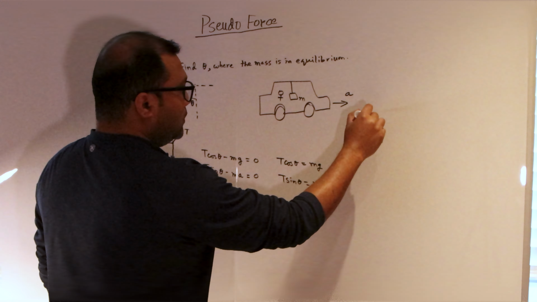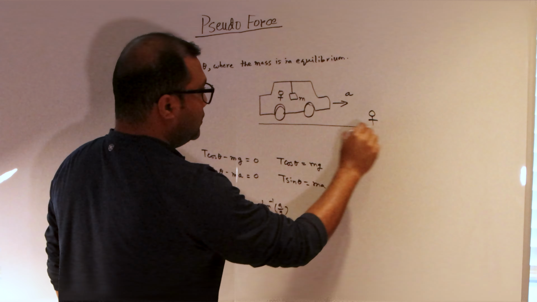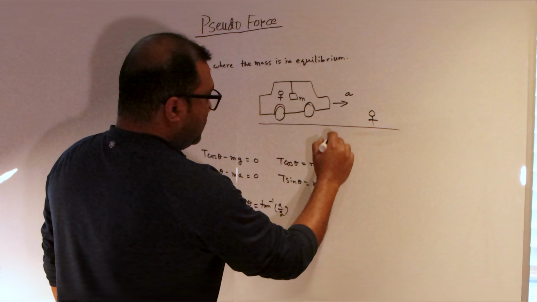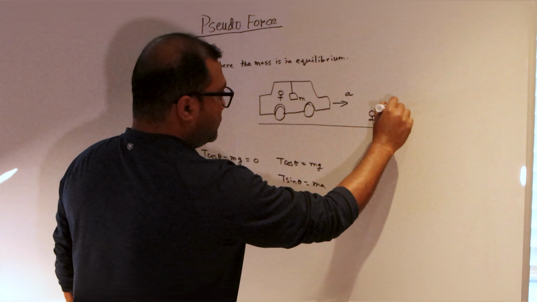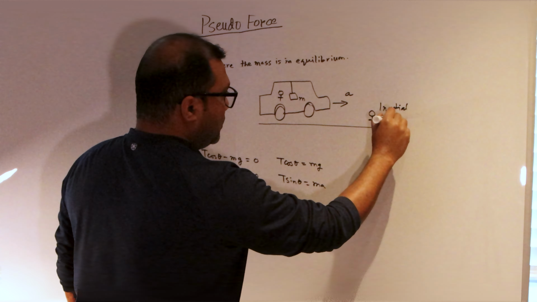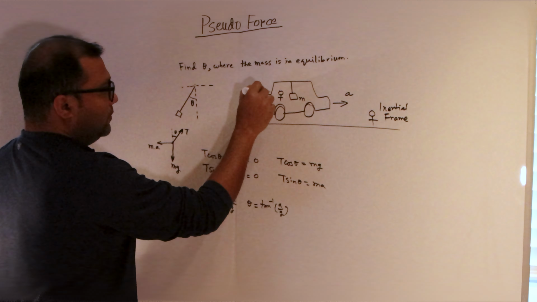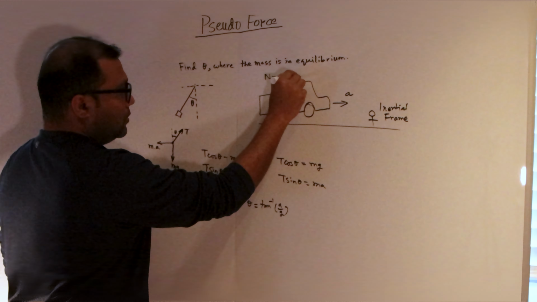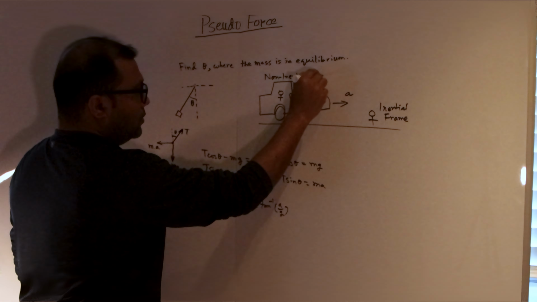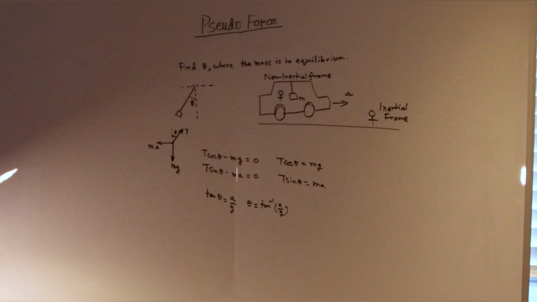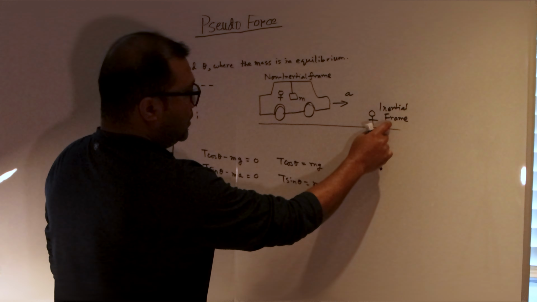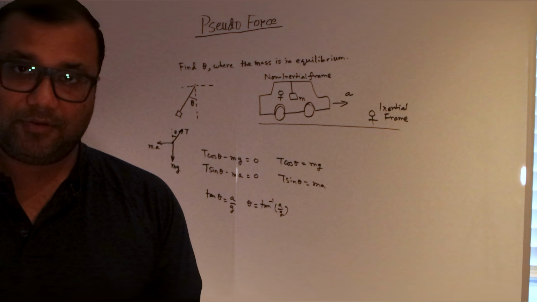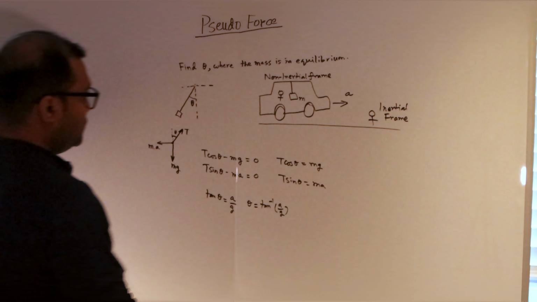Now let's say there is another guy who is on the road observing everything. For him it's an inertial frame of reference. For the guy inside the car, it was a non-inertial frame. Let's try to solve this using the observer on the ground, which is an inertial frame of reference.